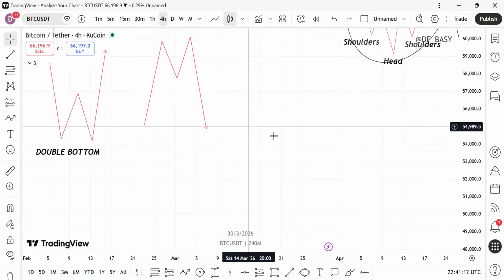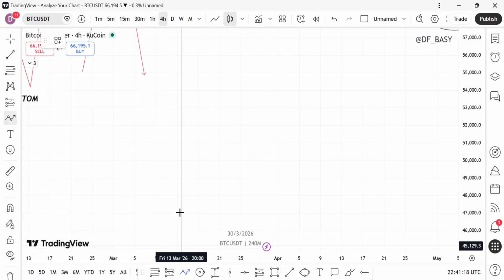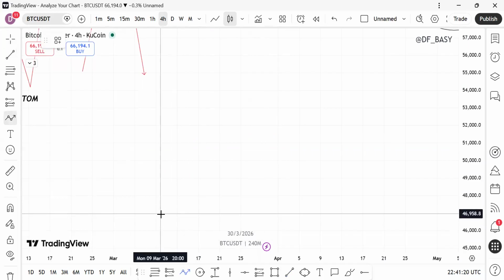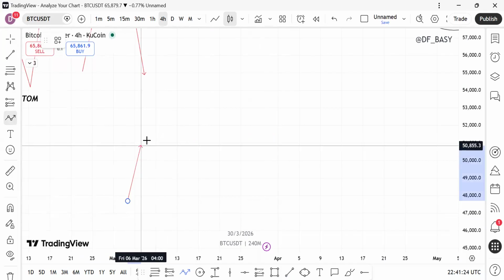Then lastly, you have the triangle pattern. It's either bullish or bearish, but either way, once you wait for the break of the triangle, you can determine the direction of the market.